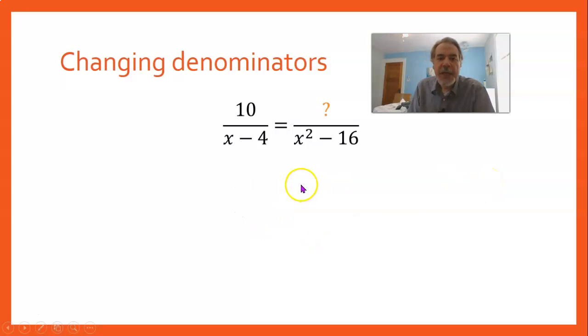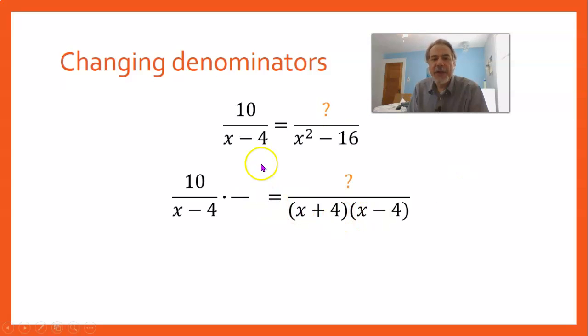What about this one? 10 over x minus 4 equals what over x squared minus 16? So we have to figure out what we have to multiply the first denominator by to get the second denominator. And that's a lot easier to see if we factor that second denominator. So x squared minus 16, when you see something like that, you should immediately think, aha, difference of two squares.